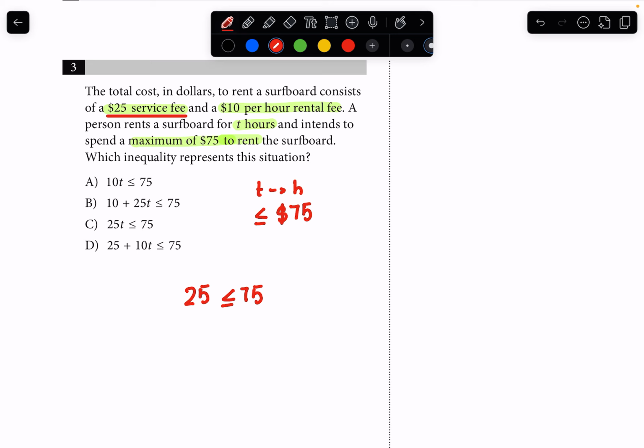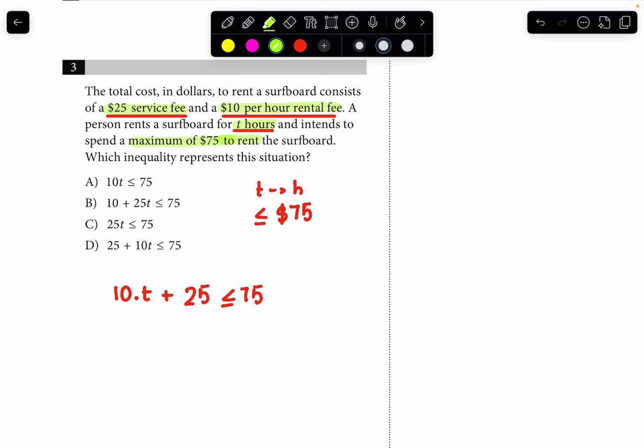Now they're saying that we have a $10 hourly fee for whatever time we rent it out for. So over here we have t hours. Whatever the fee is, it gets multiplied by the number of hours you use it for. In that case, we have 10 times t plus the 25.